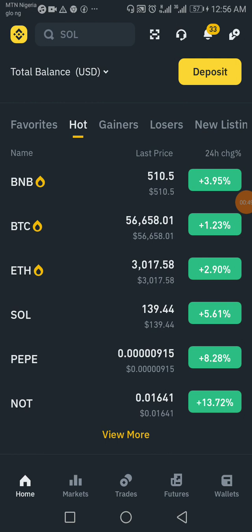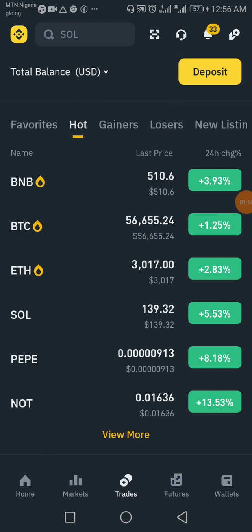The name of the platform we are going to use is called Chiliz, and Chiliz is a platform that has its own crypto token, just the way Binance has its own BNB and other exchanges have their own token. Chiliz has its own token and it is available on Binance.